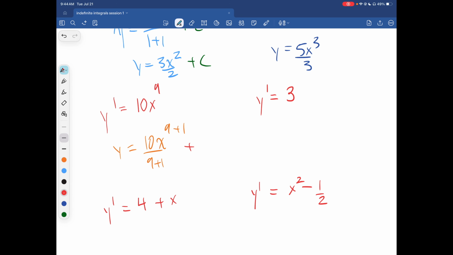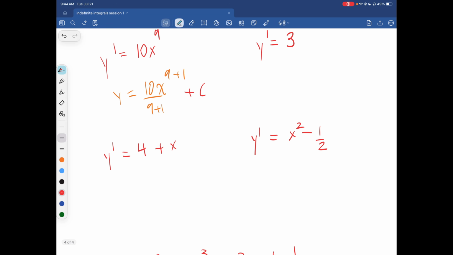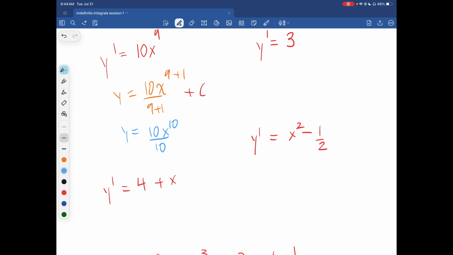Remember that this is plus c. So we're going to have y equals 10x to the 10 over 10. We can reduce this right here, which is going to give us y equals x to the power of 10, plus c.